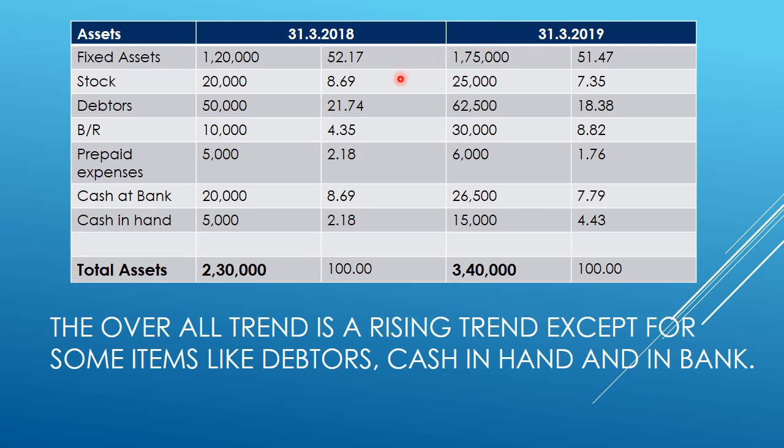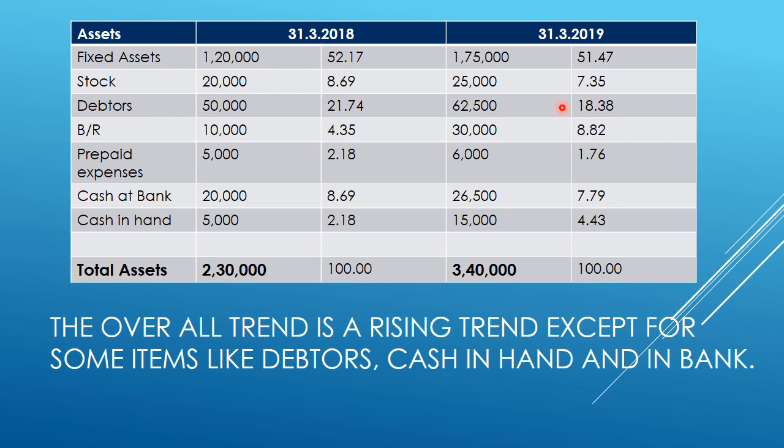If you look at the stock, it was 8.69%, even though it was only 20,000. Even though the value has increased, the stock, that is the inventory, has fallen. Debtors were 50,000, that was 21.74. Even though the debtors have gone up to 62,500, percentage-wise, it was 21.74, and now it has come to 18.38%.